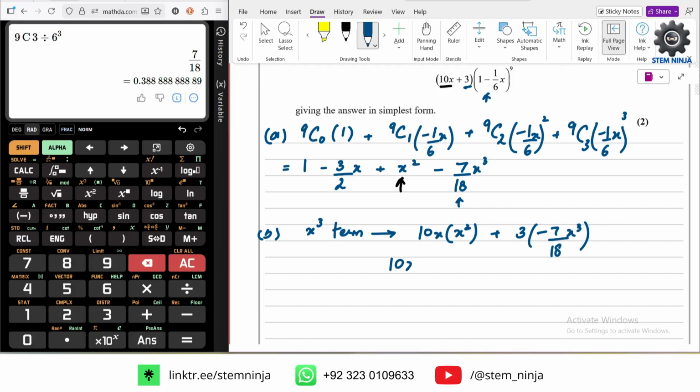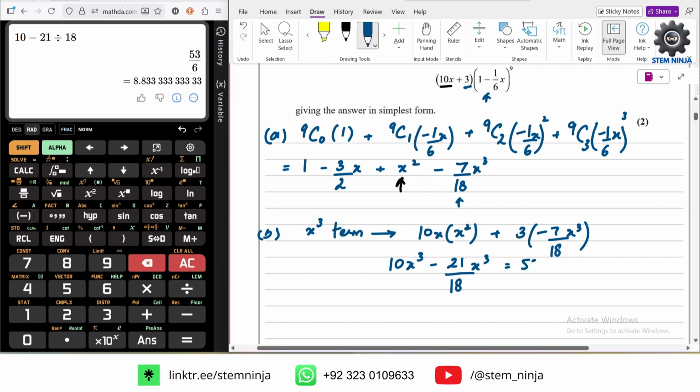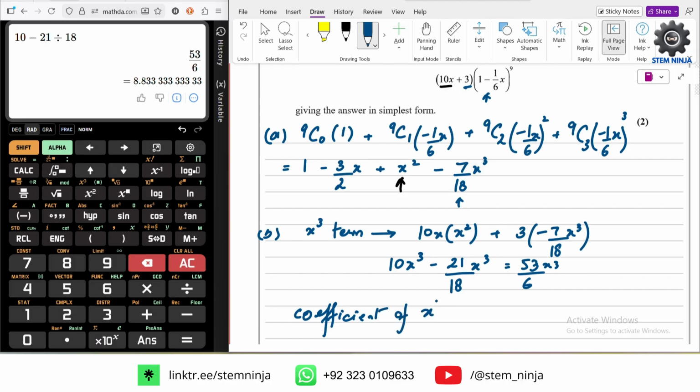So this would become 10x cubed minus 21 over 18 x cubed. So this would become 10 minus 21 divided by 18, which is 53 over 6 x cubed. So the coefficient of x cubed is 53 over 6.